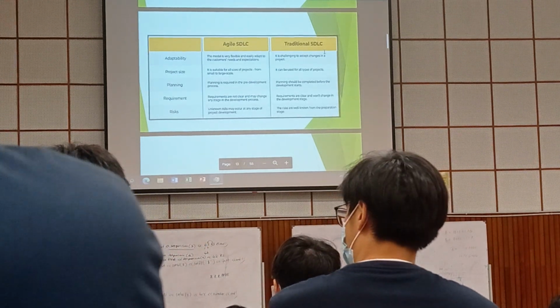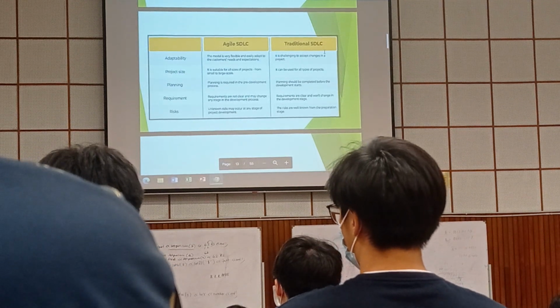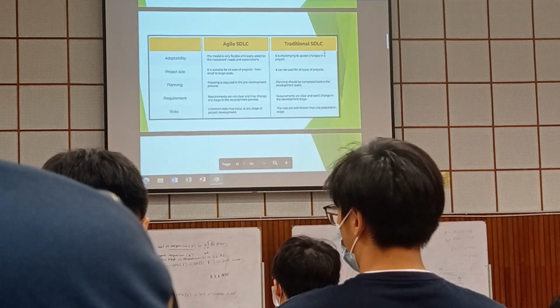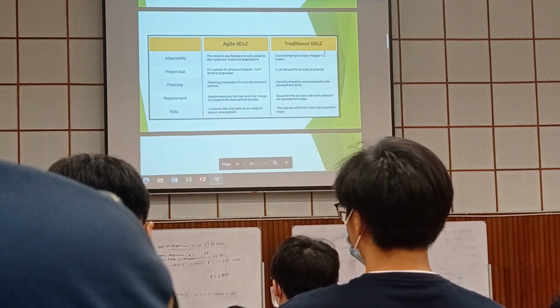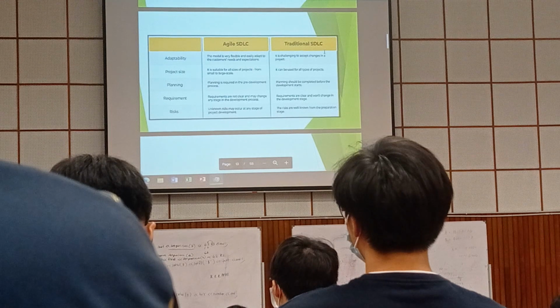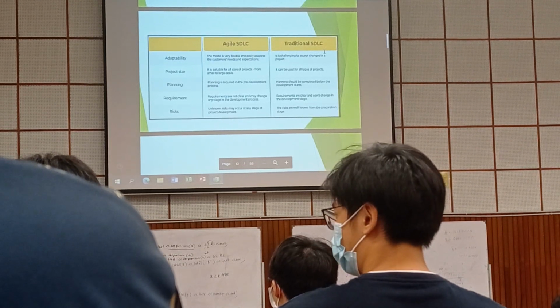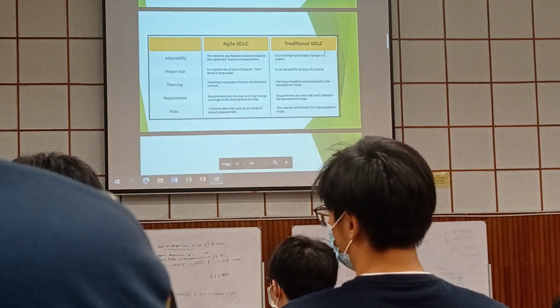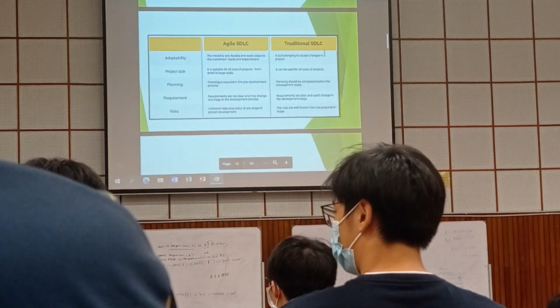But in traditional, if you want to make any changes in between, it is not possible. You have to wait until people finish the last step, then only you can come back to the first. In between, if you want to do any modification, in traditional you cannot, but in agile you can. That is one of the main differences.